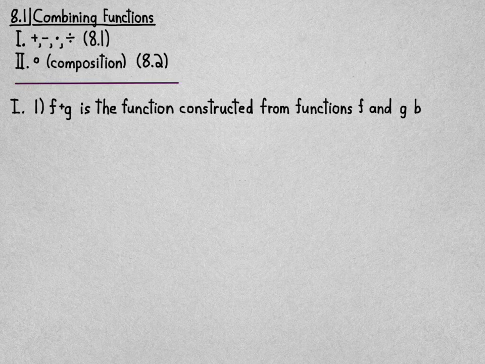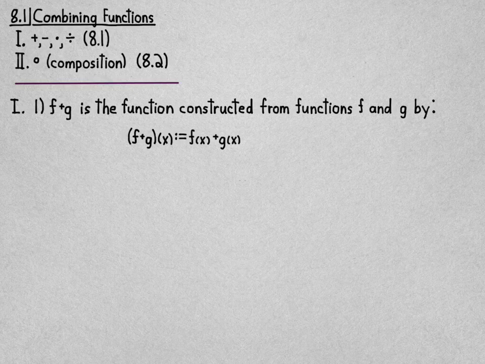So, first, the function f plus g, that's the name of the function, is a function constructed from functions f and g. And how do you define the function? You tell it what it does to an input. So (f plus g)(x), notice the parentheses around f plus g.